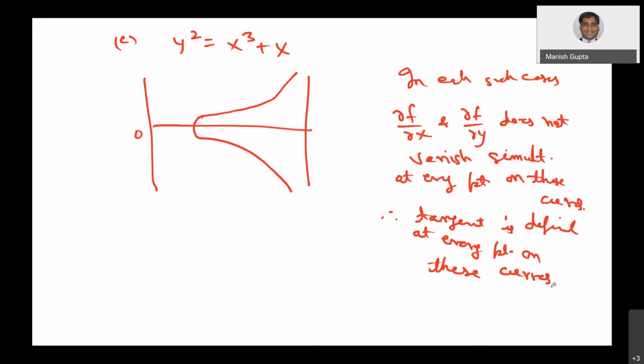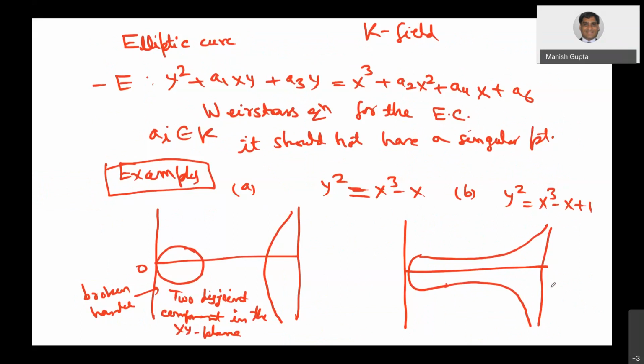Okay, so now let me give you a couple of examples of elliptic curves. So remember, this V star equation is very, very important: y square plus a1xy plus a3y is equal to x cube plus a2x square plus a4x plus a6, where a1, a2, a3, a4, a6 are part of this field K. You know, there are elliptic curves over finite rings as well, but we are not studying it.